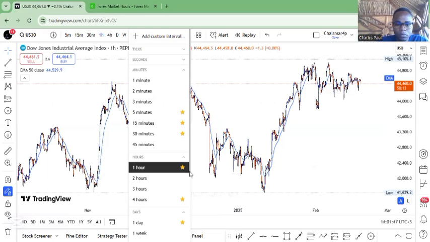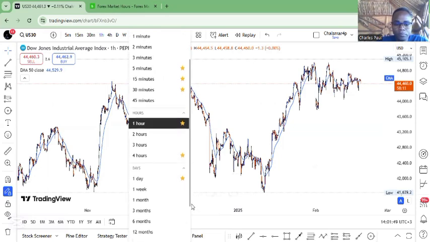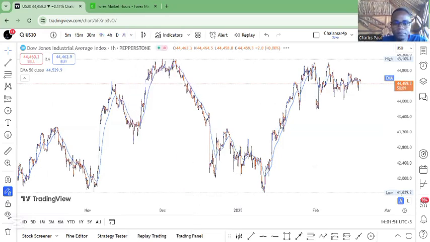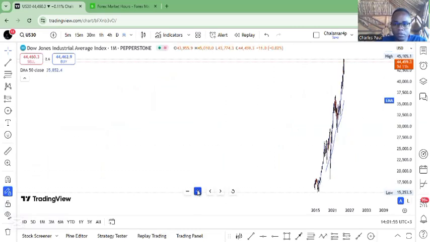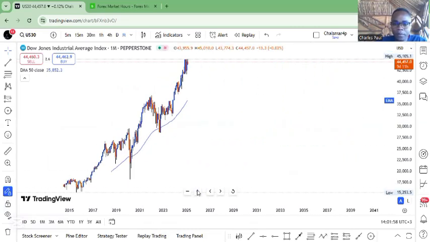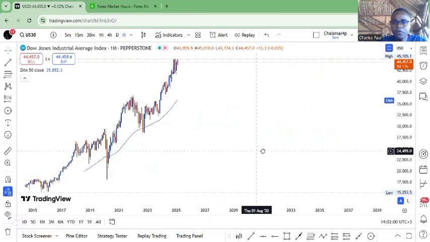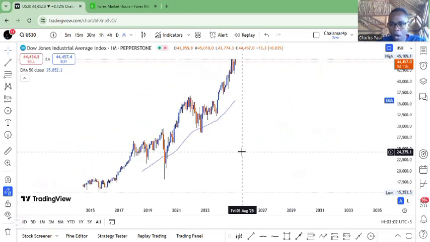So I normally start from monthly time frame and drop down to weekly time frame, daily time frame, 4-hour time frame, and then get my entry signal at 30 minutes time frame. But sometimes I drop down to 5 minutes time frame depending on the market condition.